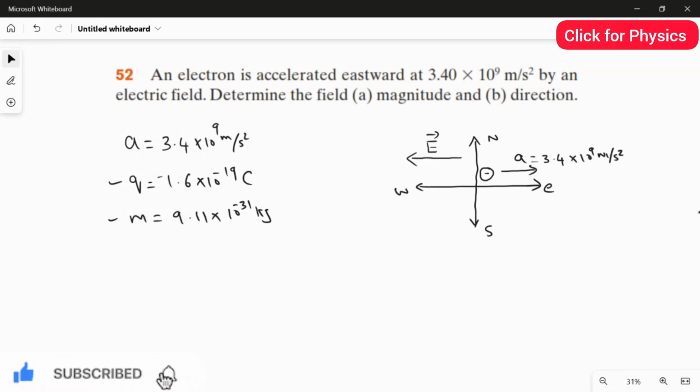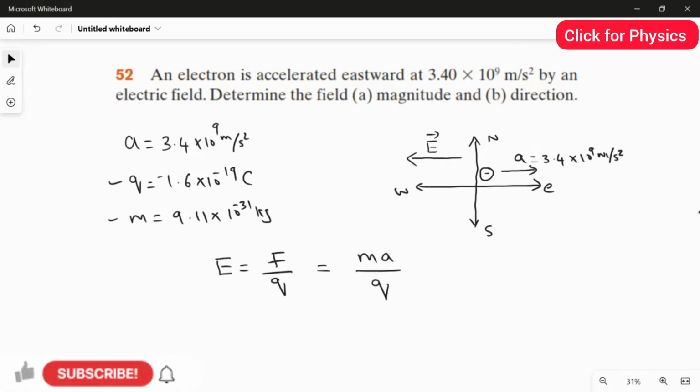For this, I'm going to write the equation for the definition of the electric field. The definition of the electric field, E, is equal to F over Q, right? Here the force is nothing but Newton's second law, so I write M multiplied by A divided by the charge of the electron.